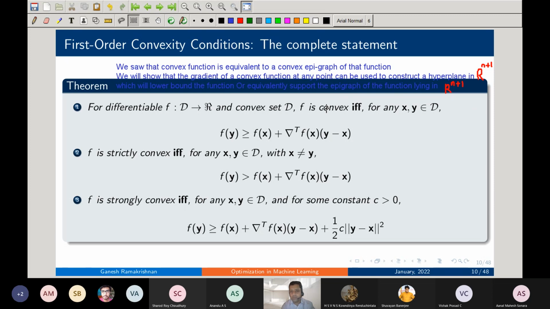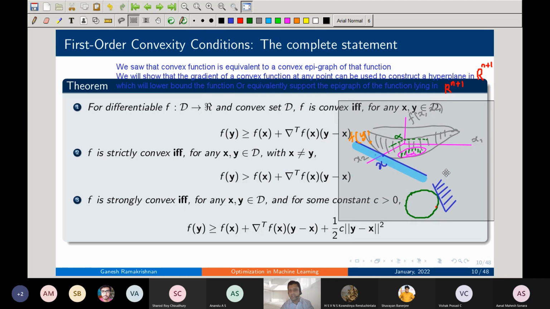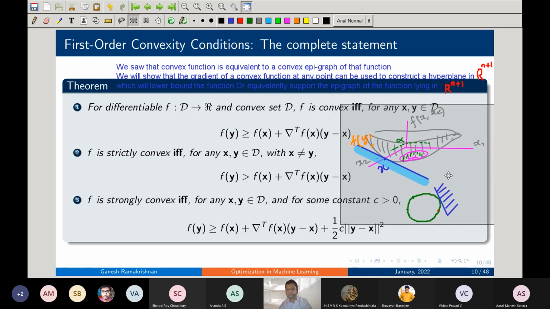And what we'll try and do is understand how convexity is becoming very important for us to be able to draw such a lower bound. If a function is not convex, the epigraph is not convex, and you may not be able to draw such a lower bound. Let me just show this example. Hopefully this is clearer now. So here's the lower bound.